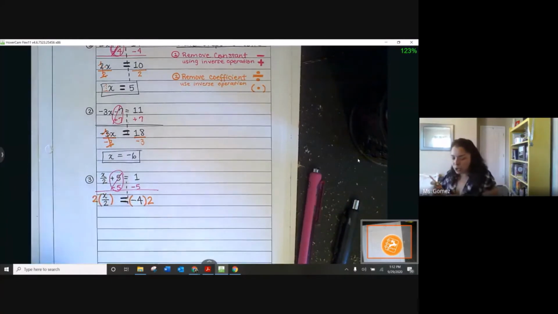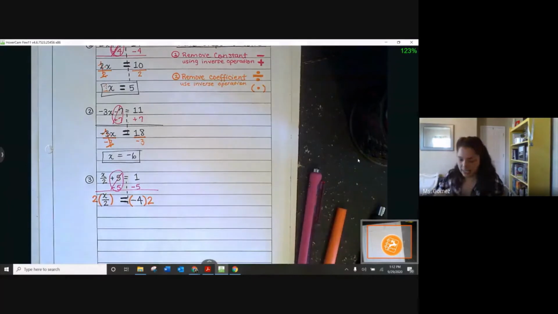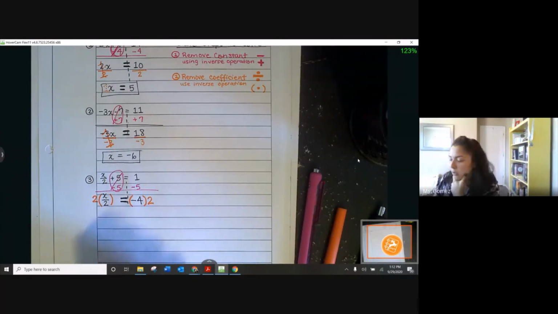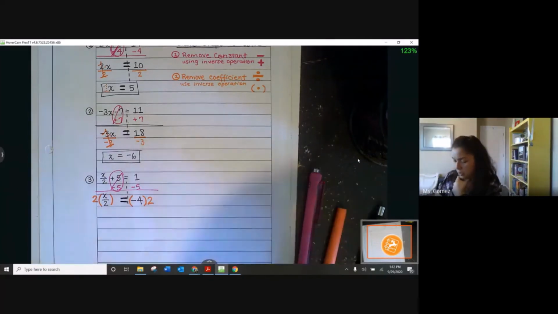Now, remember, oh wait, no, I'm getting my classes confused. If I wanted to turn this orange 2 into a fraction, how could you do that for me? How could you turn 2 into a fraction? Not a trick question. It's a ridiculously easy one.